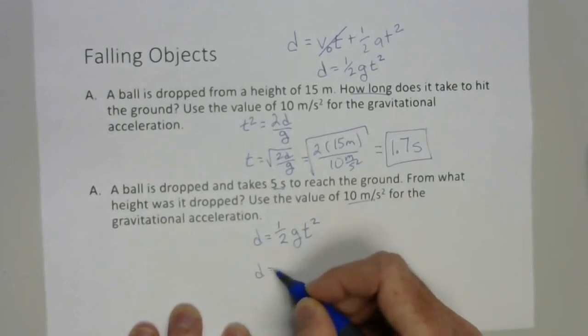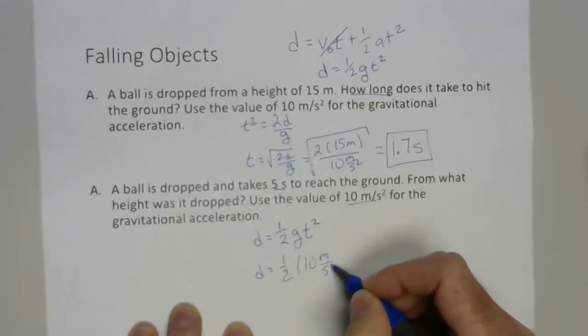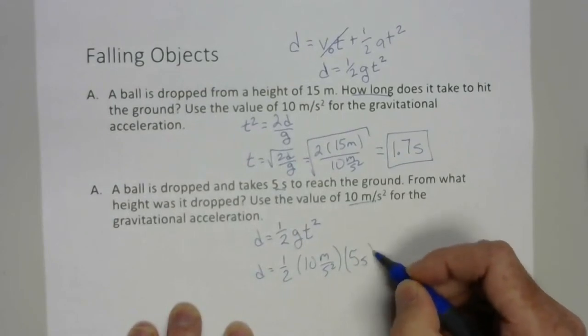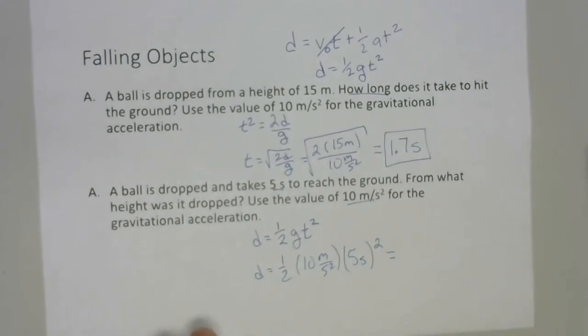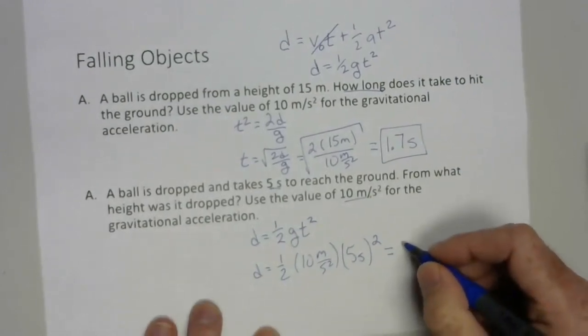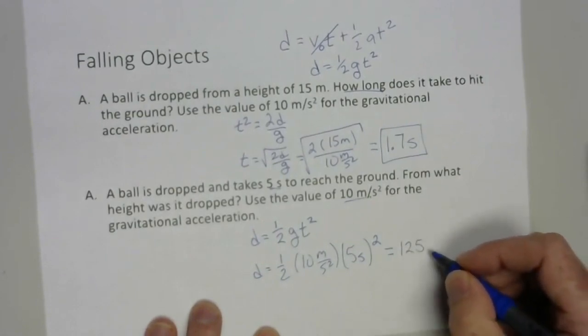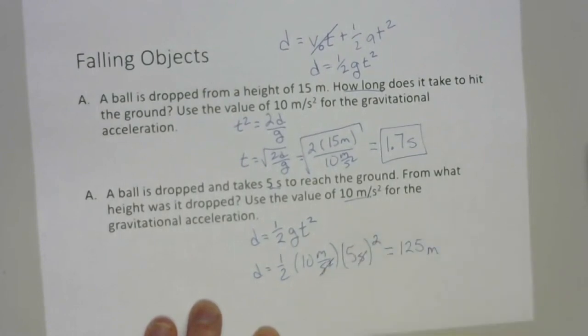We're just going to plug and chug, so 1/2 times 10 meters per second squared times 5 seconds, quantity squared. So you're going to plug in 0.5 times 10 times 5 squared. It's 125 meters. These seconds cancel, those seconds cancel.